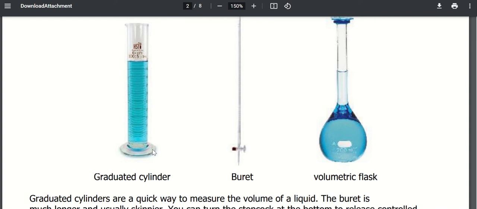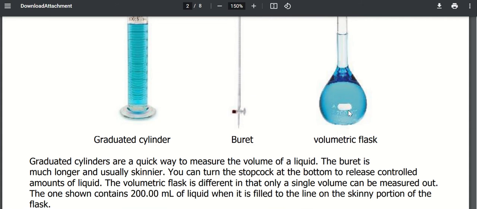And then graduated cylinders are kind of like just typical volume. It's something to measure volume with. So you measure out however much you need. But these all measure volume, and like I said, they can affect the measurement of density overall.